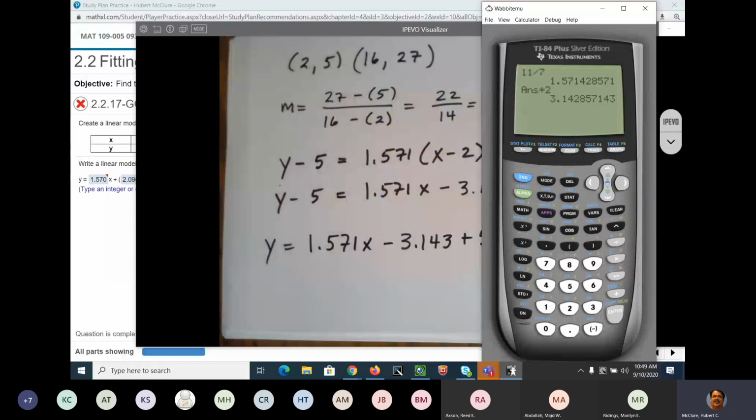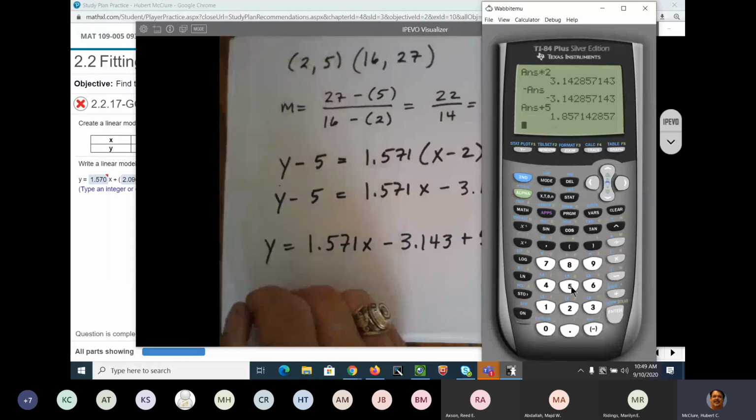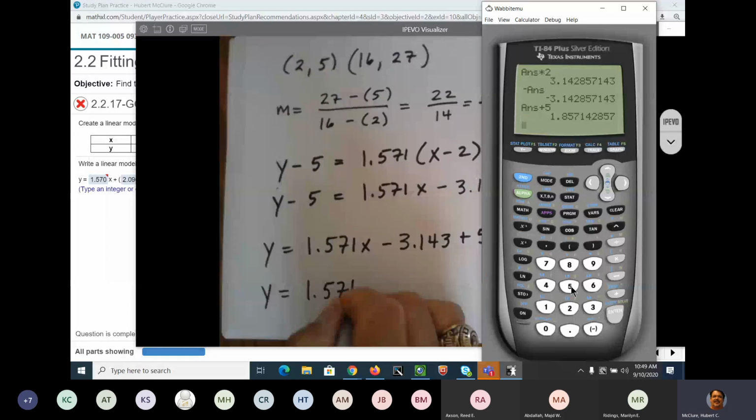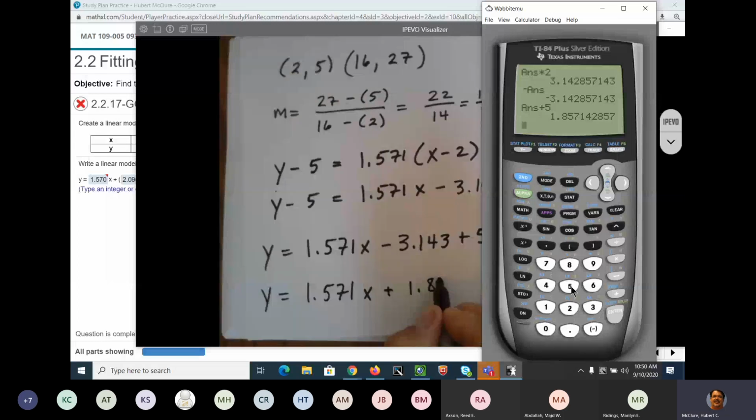So we're going to add 5 to that. Oh, that's a minus, isn't it? So negative 3.143 plus 5, 1.857. See, they got 2.09. I think what they're doing is they're picking 2 points and they're getting a rough estimate. I've got the more detailed one with the calculator, so 1.857.